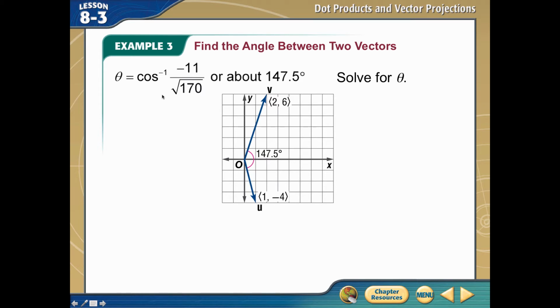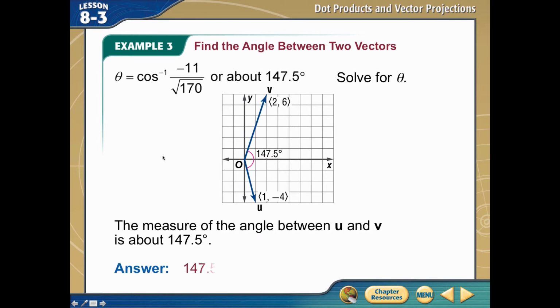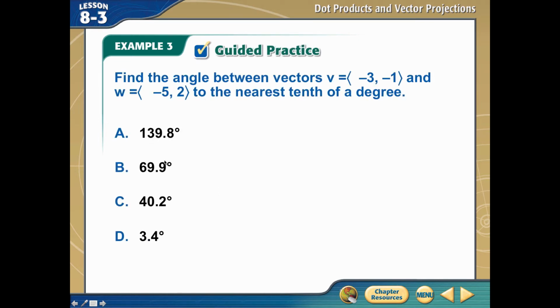But when they talk about the angle between vectors, it will always be between 0 and 180. And the inverse cosine will always give you an answer between 0 and 180. So you won't need to worry about transposing that like you have in the past when you do tangent, but you're in the second quadrant or something like that. Okay, so give this one a shot.